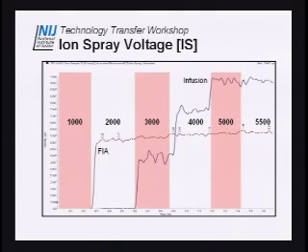So let's look at the ion spray voltage here. What you're going to see is this top line right here. This is the one I really want you to pay attention to. The bottom line is a flow injection, or this line, I'm sorry. This line is a flow injection line, and this line right here is an infusion line. And what you can see here is that at 1,000 volts, when I set the sprayer to 1,000, you don't see it in here because that number is like 0.